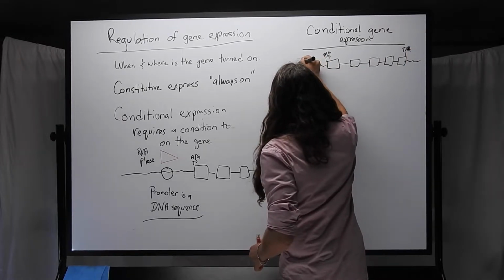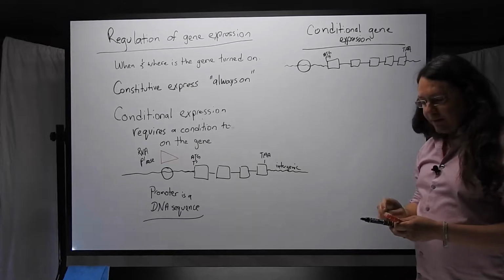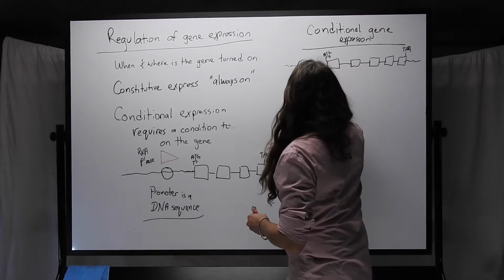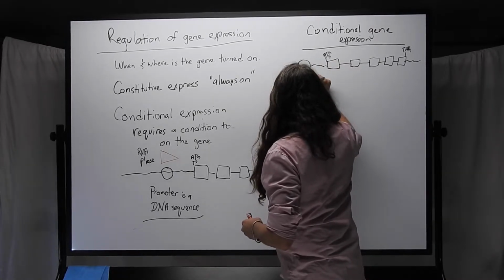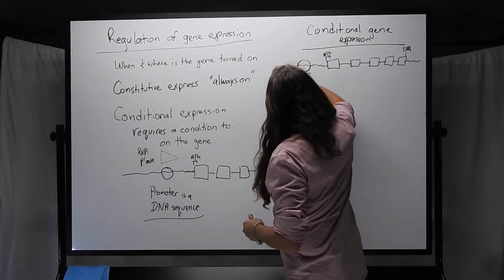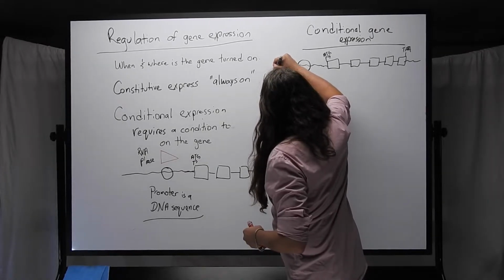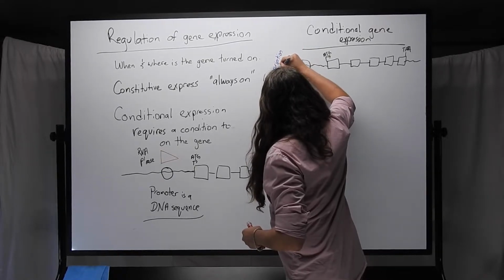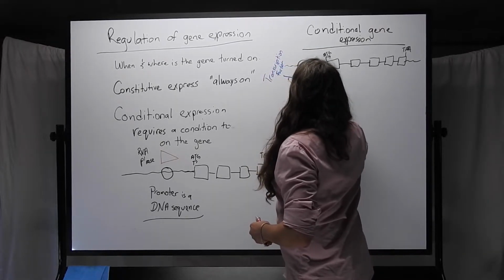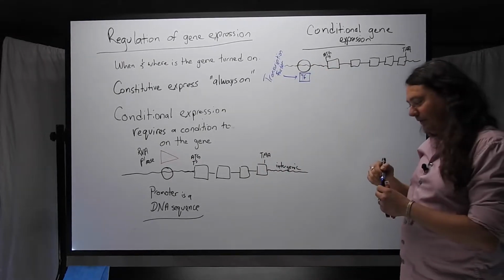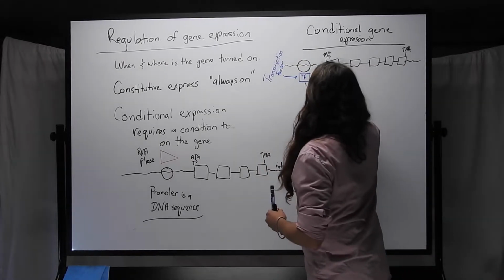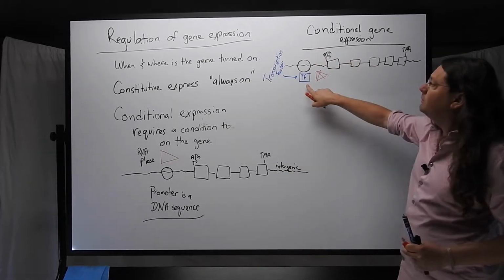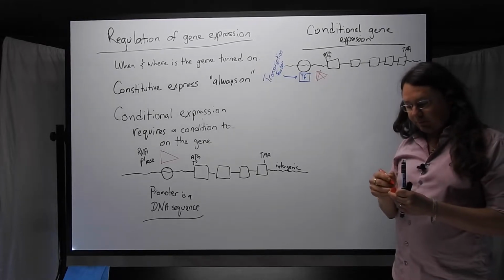And here we have our promoter. But in this case, the gene is turned off because there's a transcription factor that binds the promoter, and that prevents RNA polymerase from binding to it. So RNA polymerase can't bind here to the promoter because the transcription factor is in the way.